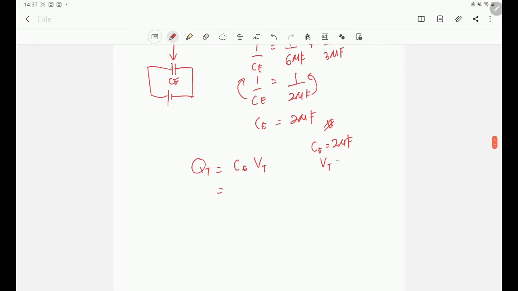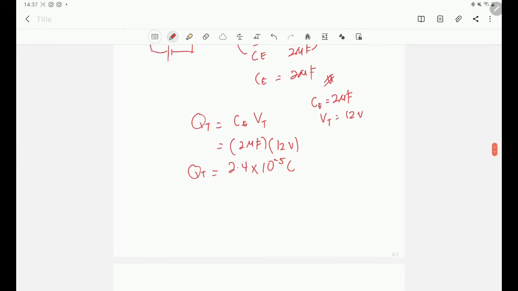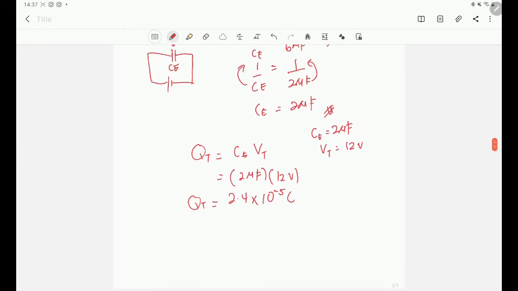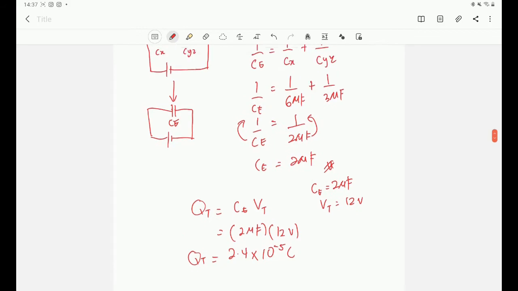So V total is equals to 12 volt. So just substitute it to find the charge total. So C effective 2 microfarad times 12 volt and then you can get 2.4 times 10 to the power negative 5 coulomb. So right now we have the charge total which is 2.4 times 10 to the power negative 5 coulomb.